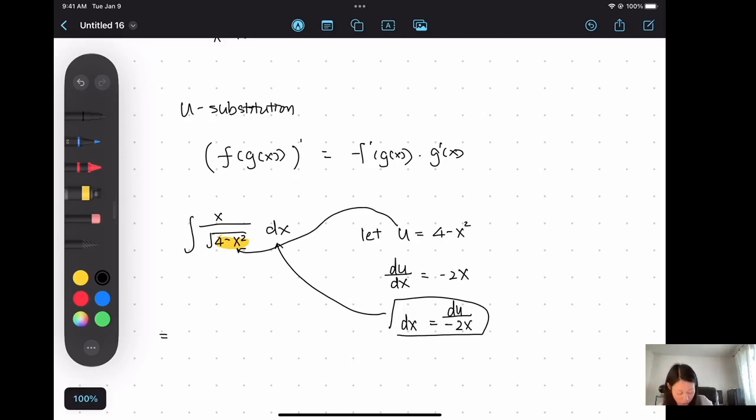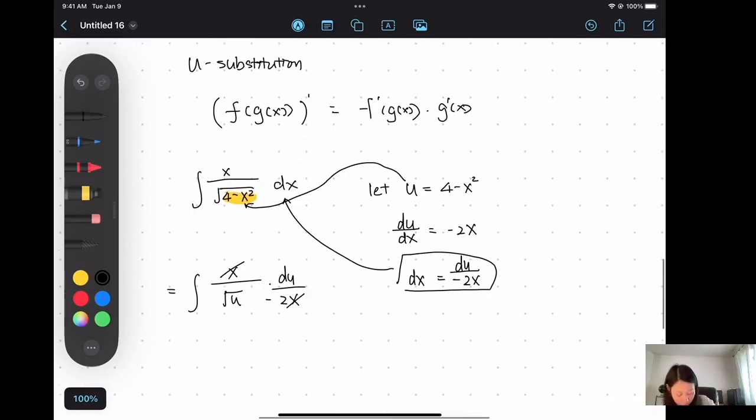So let's take a look. What does our function look like? I will have the square root of u. dx now equals du over negative 2x. Now our x got cancelled out. That means you picked the right function to choose as u. So now I got 1 over square root of u times 1 over negative 2.